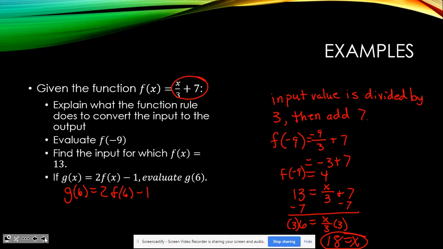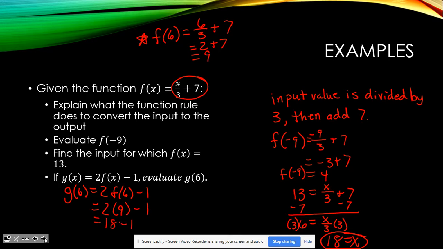So I'll do this part up here. f of 6 is equal to 6 over 3 plus 7, which is equal to 2 plus 7, which is equal to 9. So now, going back down to the bottom, we now want to do 2 times 9 minus 1. That's 18 minus 1. So g of 6 is equal to 17.